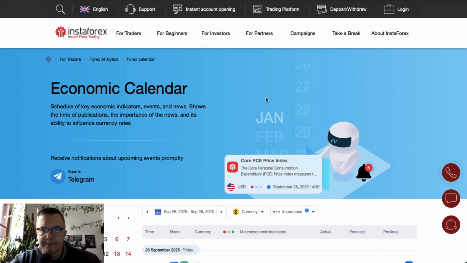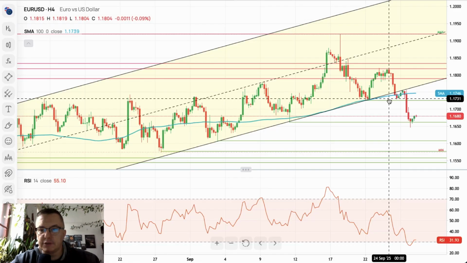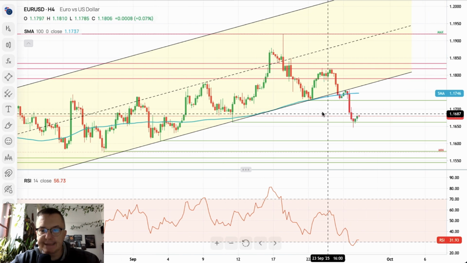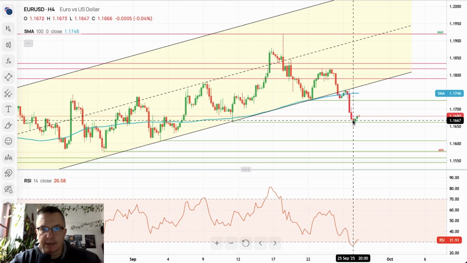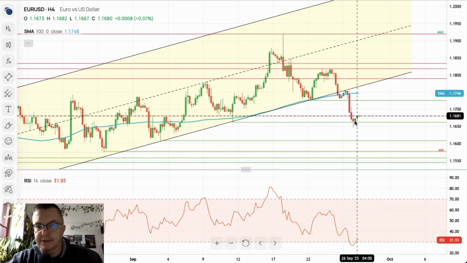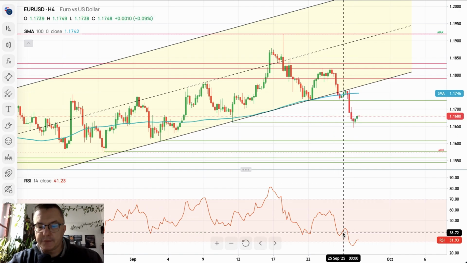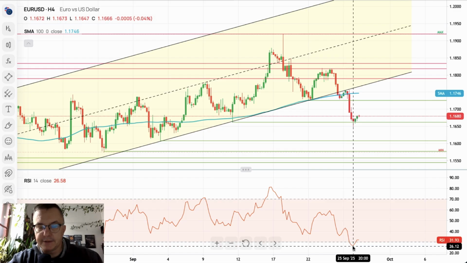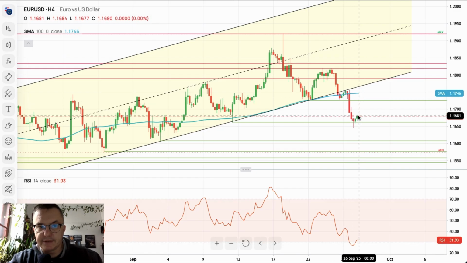We start with euro dollar. Our chart of the euro dollar extends the drop towards the level of 1.1647. The recent bounce was very shallow because we hit extremely oversold market conditions on a 4-hour time frame chart. Nevertheless, the bounce just hit 1.1684.